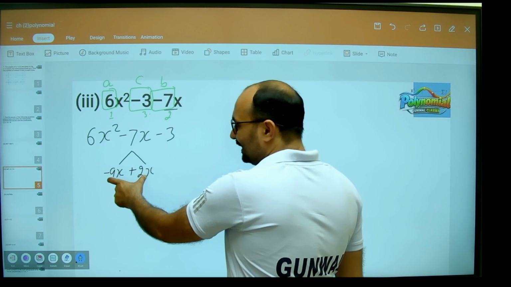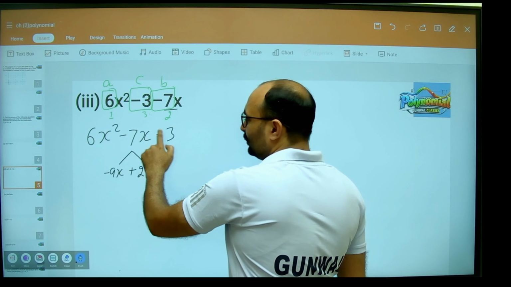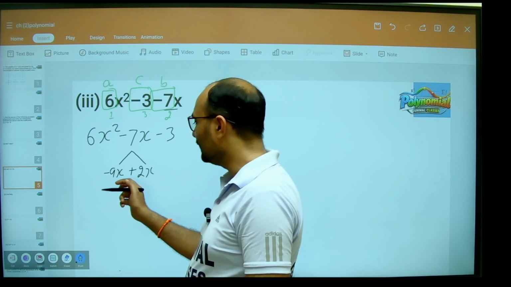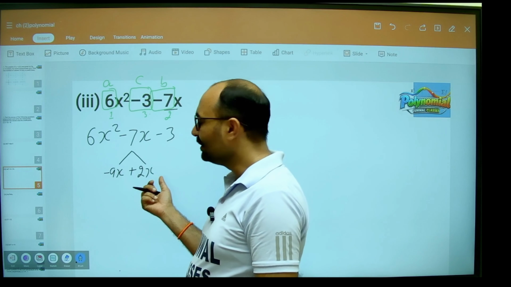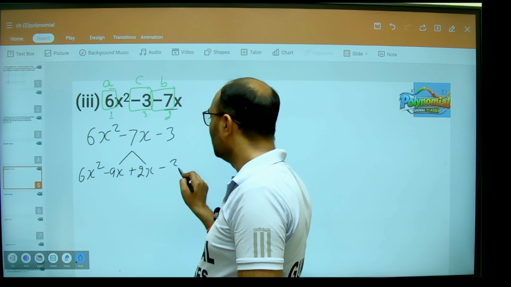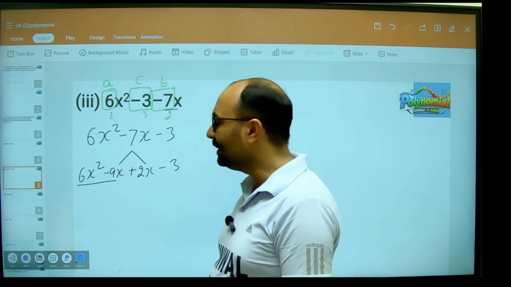When you multiply them, 9 times 2 is 18, x into x, x square. 6 into 3 is 18, x square. So the two terms are 9x and plus 2x. What will be taken out common? 3x will be taken out common.